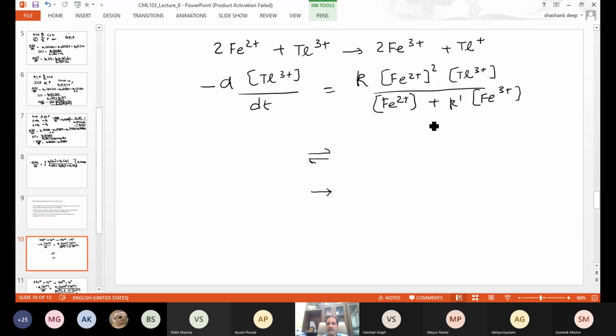In the denominator, can you see, is Fe2+ a product? No, this is a reactant. Am I right? What is this? Fe3+, a product. So where will it be formed? Reversibles. Am I right? Prior to this, if this is a slow step, now think about what you can write.